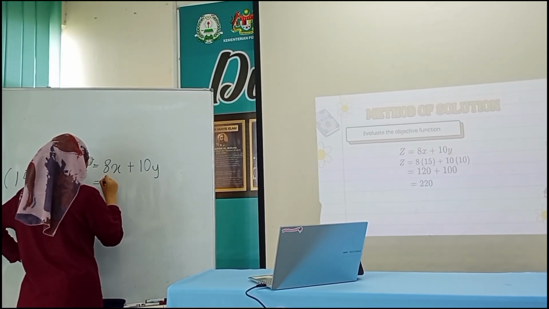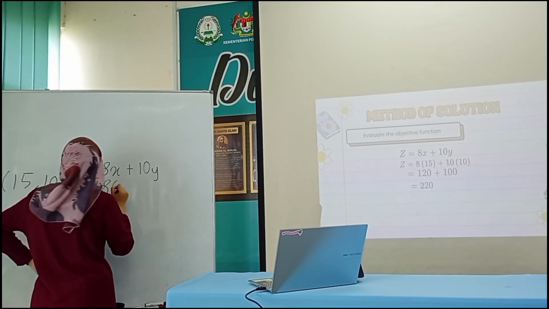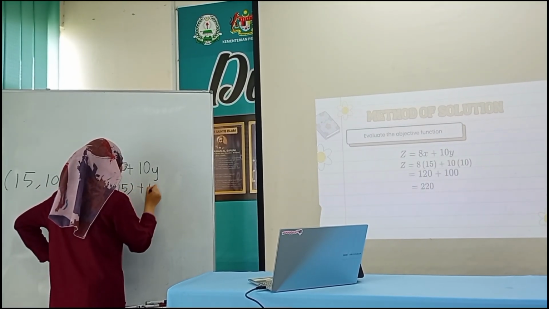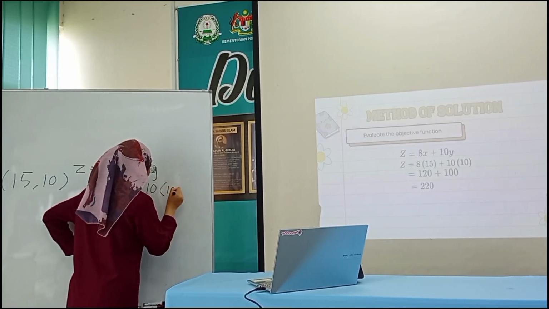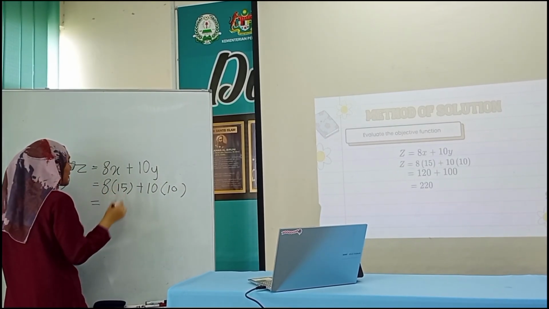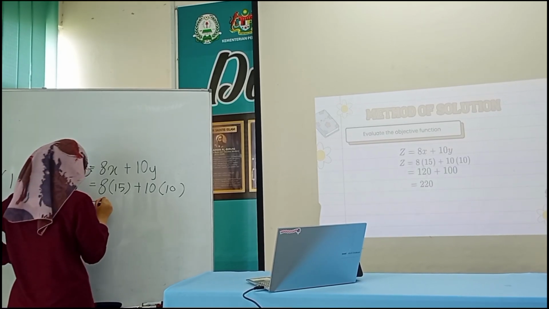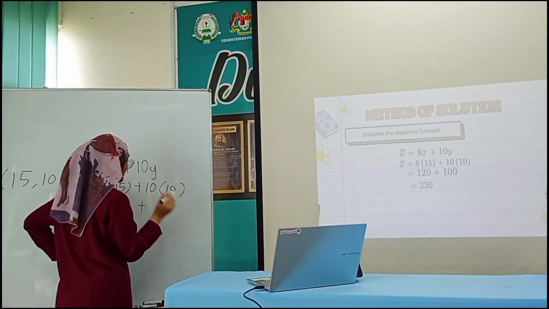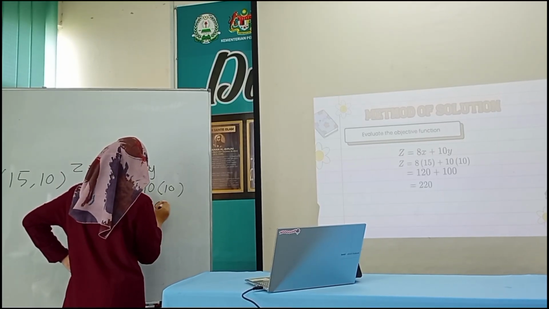So x is 15 and y is 10. 8 multiplied by 15, we get 120, plus 10 multiplied by 10, we get 100.